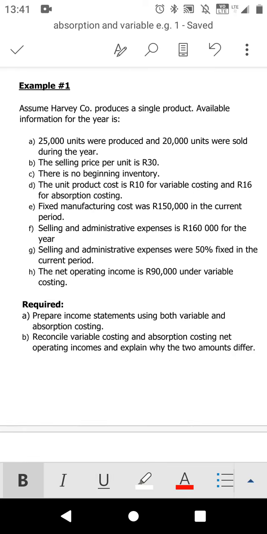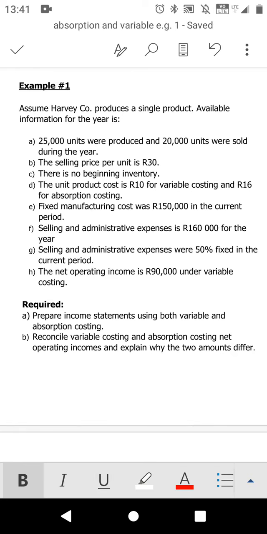Then the unit product cost is 10 rand for variable costing and 60 rand for absorption costing. Okay, then the fixed manufacturing cost was 150 in the current year, then the selling and administrative expense is 160. So these are non-what? Manufacturing cost.